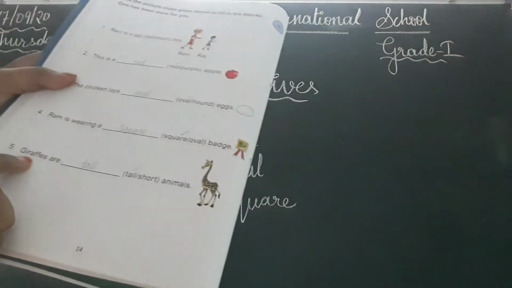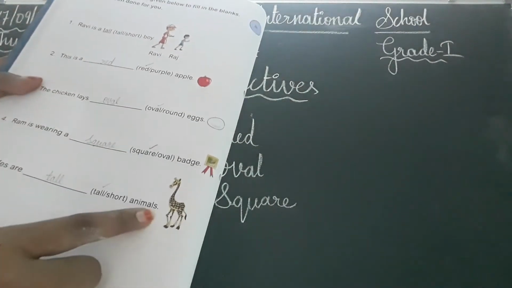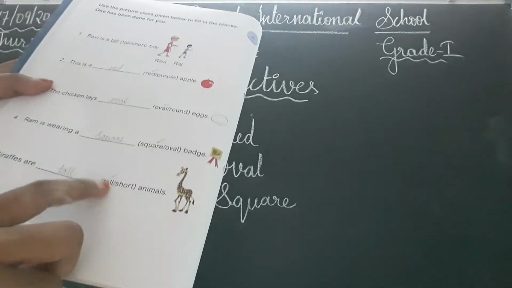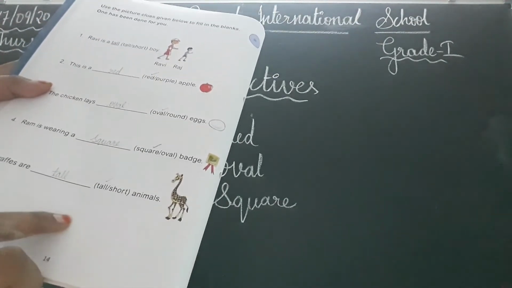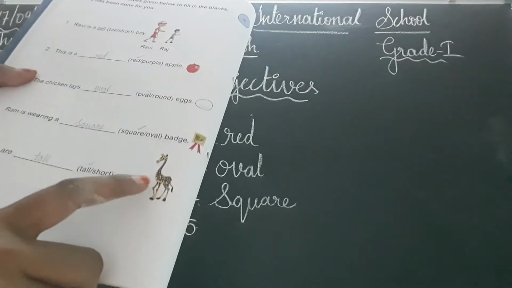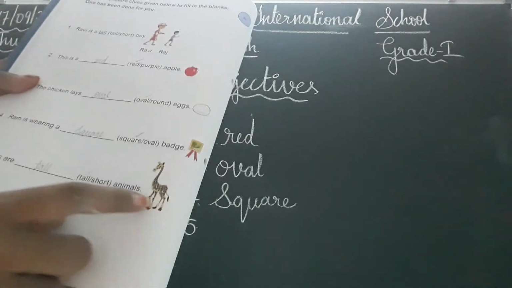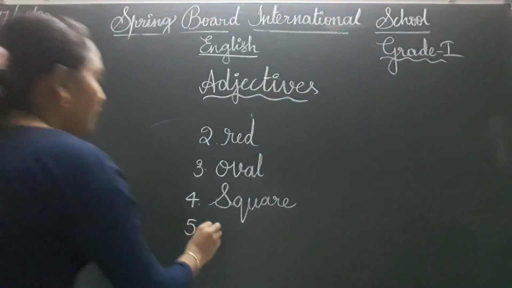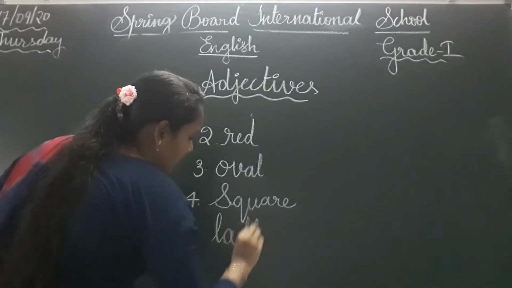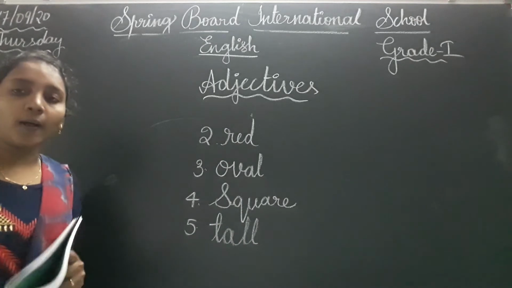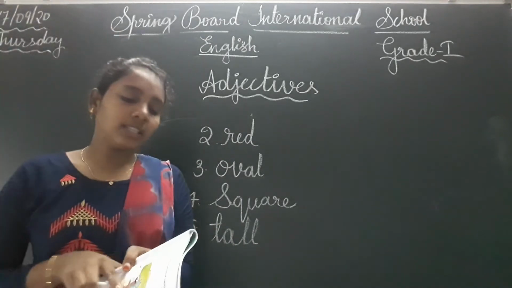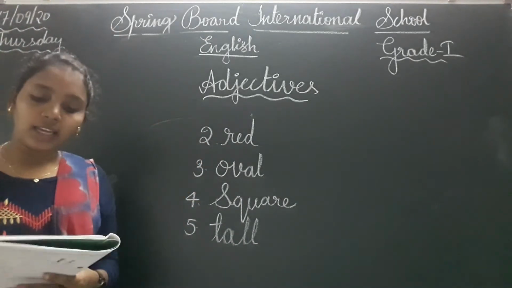Fifth one, giraffes are blank animals. Are giraffes tall animals or short animals? Tall animals. Yes or no? The giraffe has a very long neck. That's why giraffes are tall animals. T-A-L-L. Tall. Okay children, this is to see in your companion.